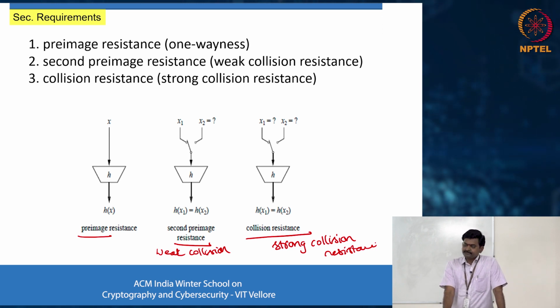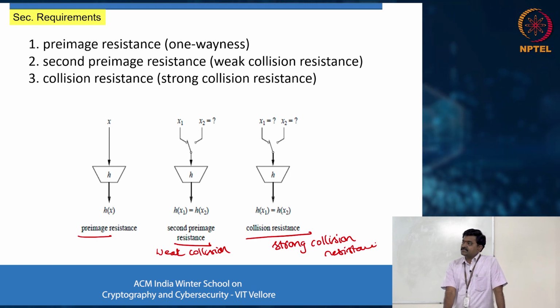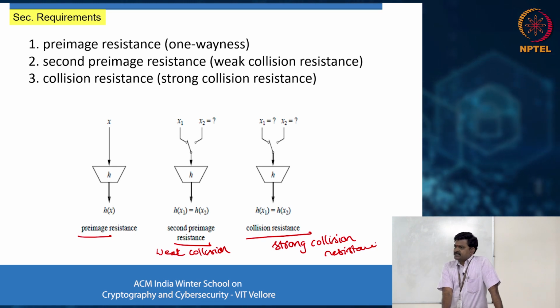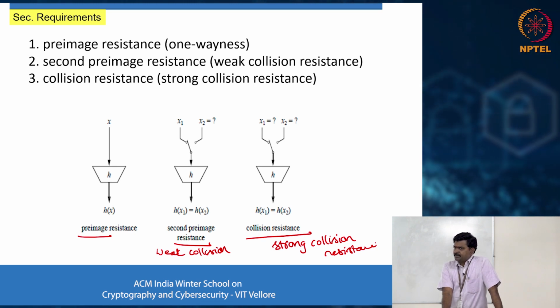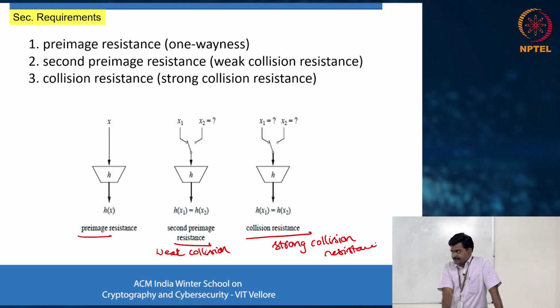What are these three conditions? The first one is pre-image resistance, also called the one-way property. It means the hash function should not be reversible. If I have a message, I should be able to create the hash, but if someone has the hash, they should not get back my plain text.